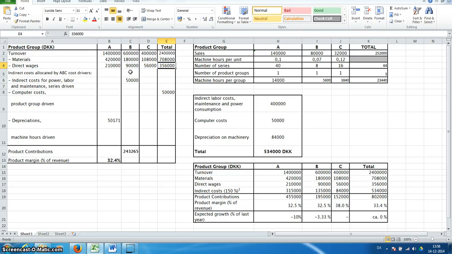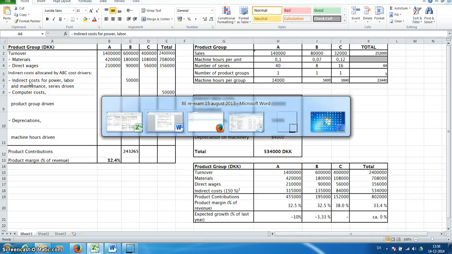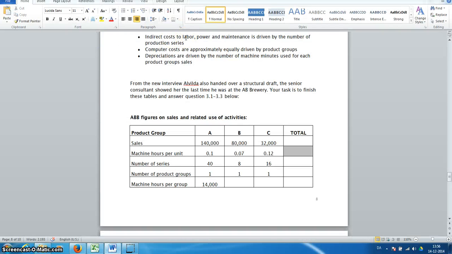Now we should work on the indirect costs. And we can see first we have to allocate the indirect costs for power, and they are driven by the number of series. That piece of information is here. The indirect cost to labor, power and maintenance is driven by the number of production series.